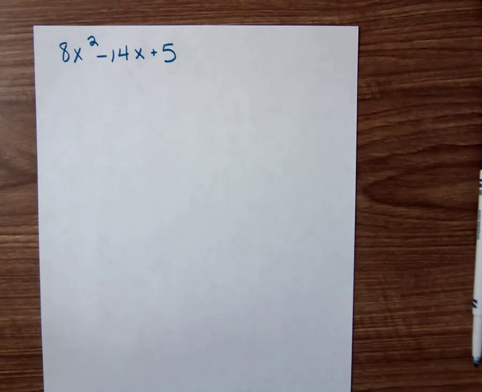All right, great. What do I do first? Yeah, I look for a GCF. Is there a greatest common factor for 8, 14, and 5? No, there's not. Okay. So step number 2 is going to be to identify what the A, B, and C are.